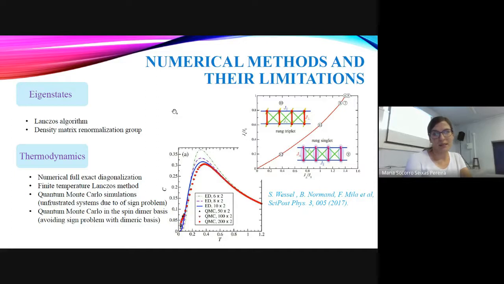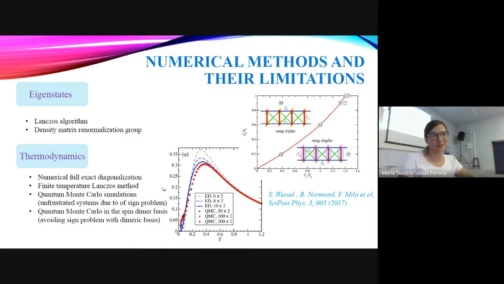In order to obtain some results for zero temperatures, one can use the Lanczos algorithm, which is okay, but it can work roughly up to 50 spins, which can still be far from reality.